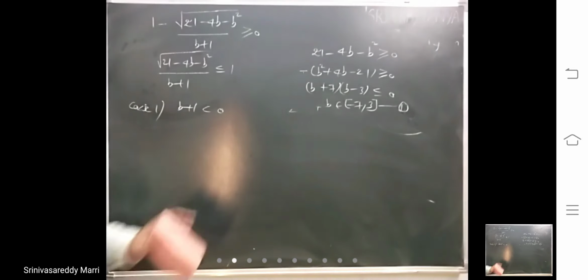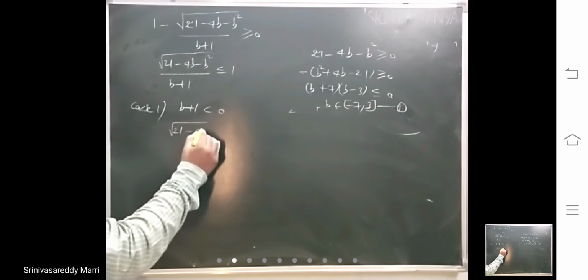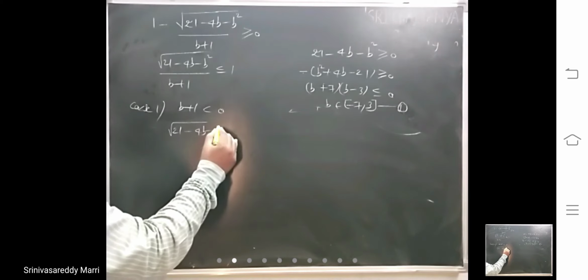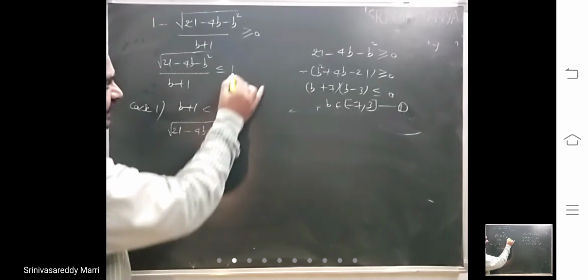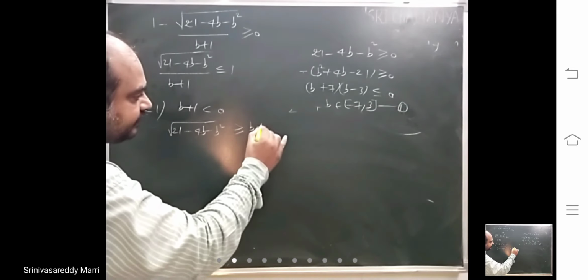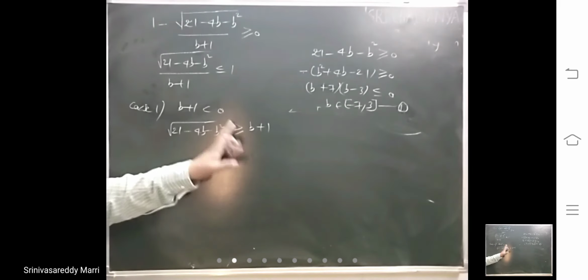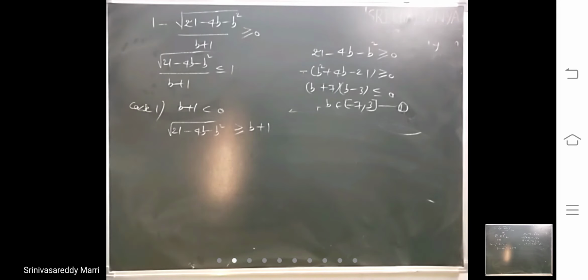Then if you bring that side, root of 21 minus 4b minus b square will become greater than or equal to b plus 1. If you observe here, look at that. This is negative. Suppose minus 2 is there. If you bring that side, it will become greater than or equal to minus 2.